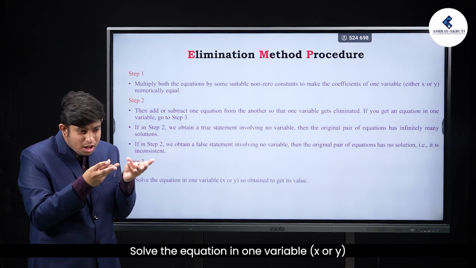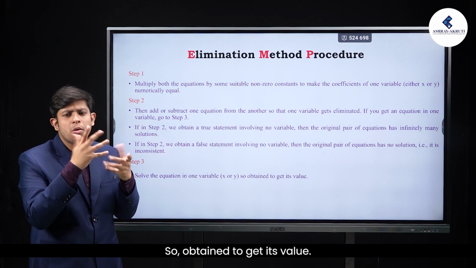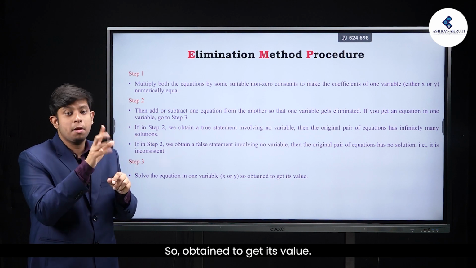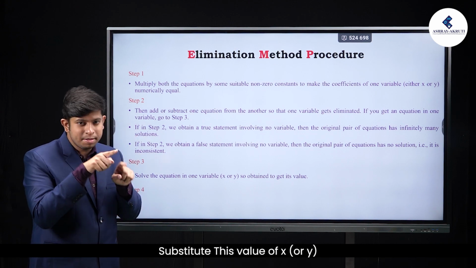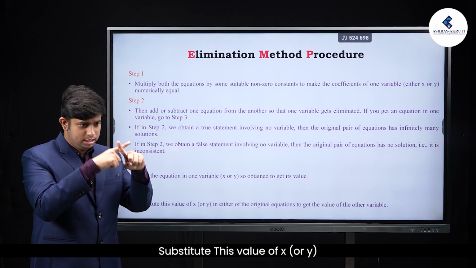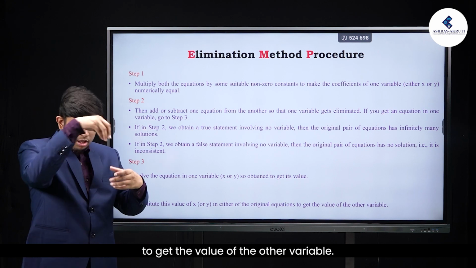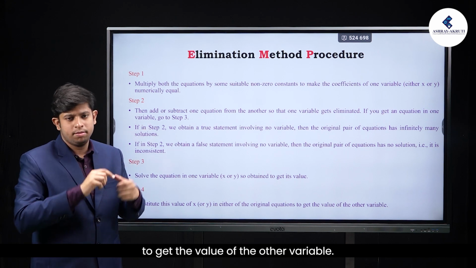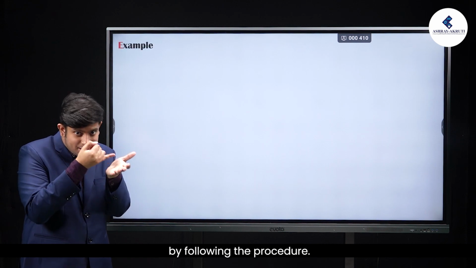Solve the equation in one variable x or y so obtained to get its value. Step 4. Substitute this value of x or y in either of the original equations to get the value of the other variable. Let us see some examples on elimination method by following the procedure.